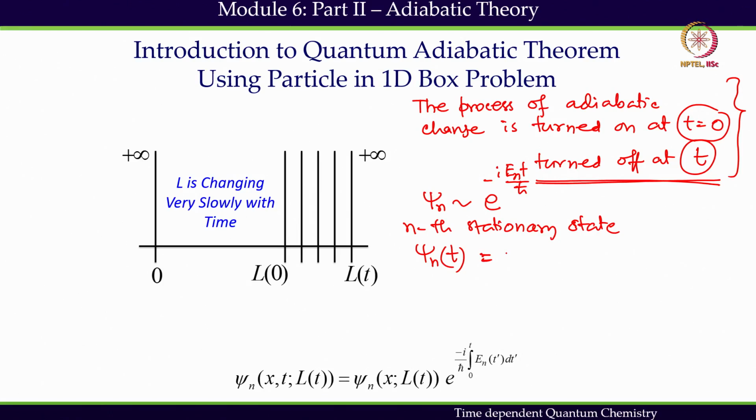When I have just turned off the adiabatic process and I am trying to find out the nature of the nth stationary state wave function, it will have a total accumulated phase, which should be given as exponential of minus i by h cut, integral from 0 to t of E n t dash dt dash. I am just separating this integration variable from its limit, so that is why we have used t dash.